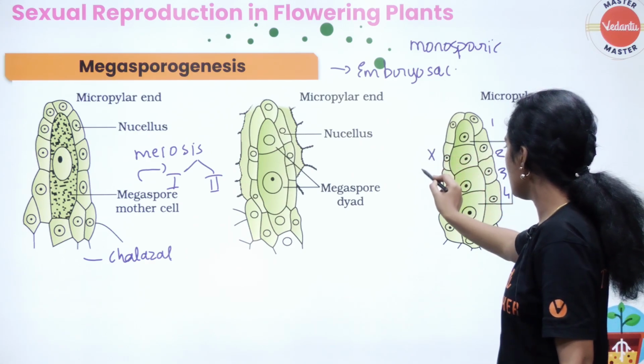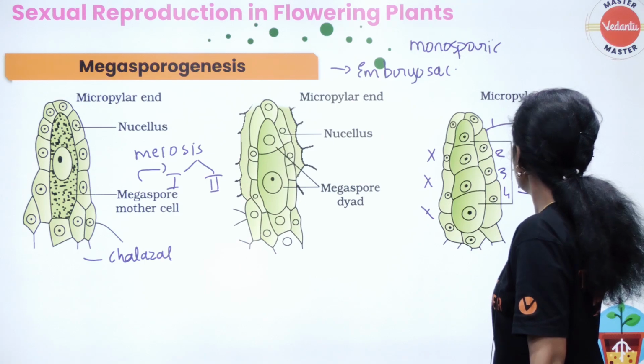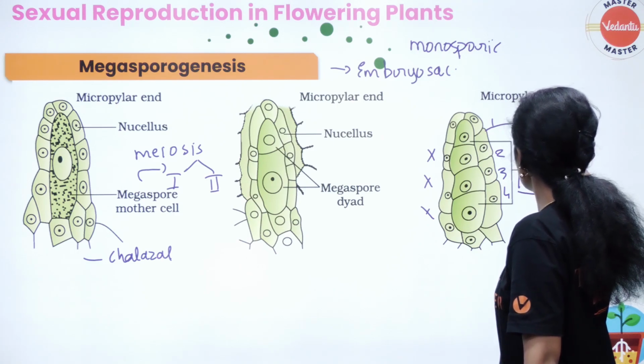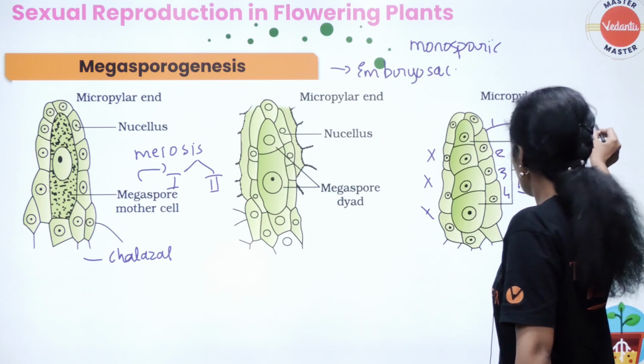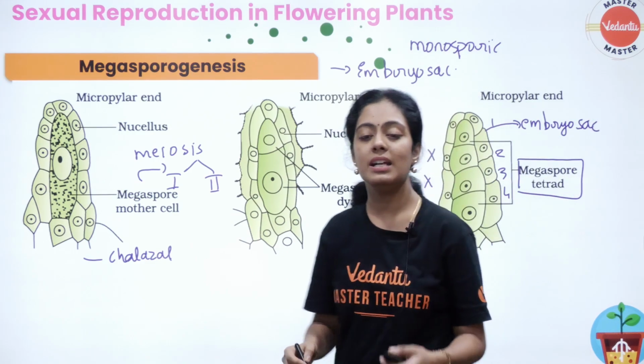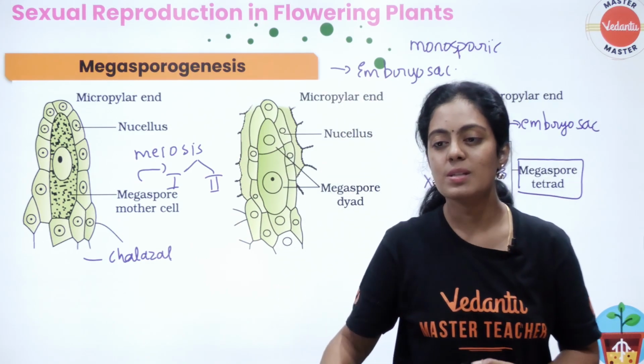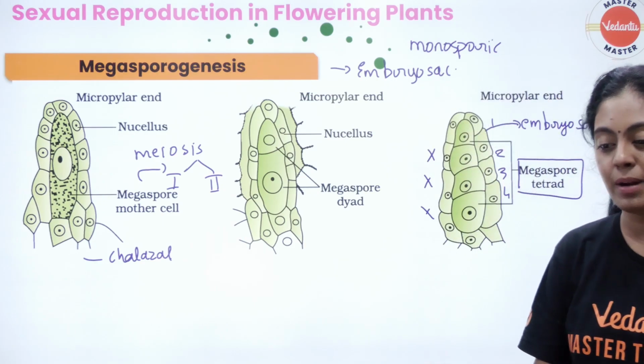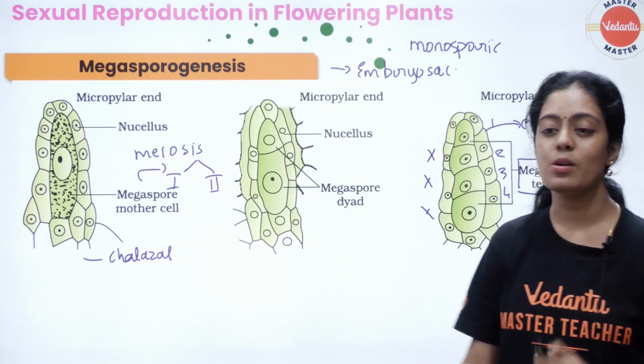All this will die or degenerate. Only this will develop into embryo sac. Only one functional, and that is why we call the development of your embryo sac a monosporic development, which can be a possible question in your exam.